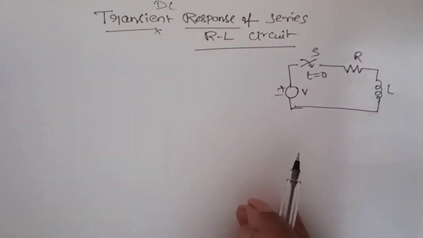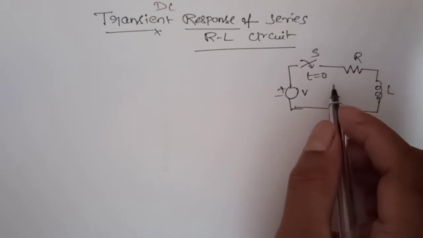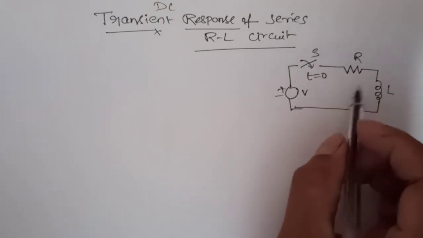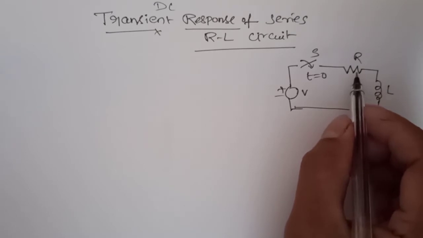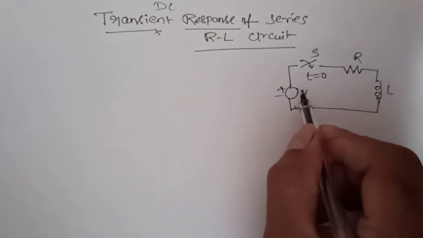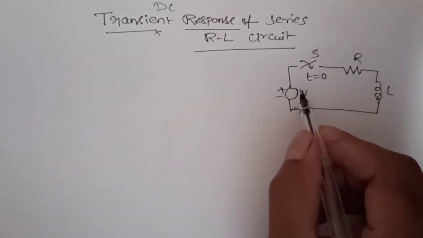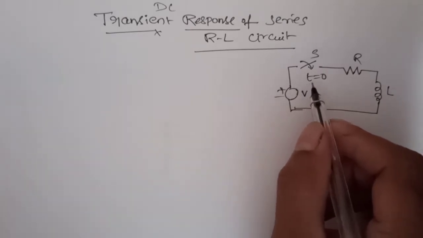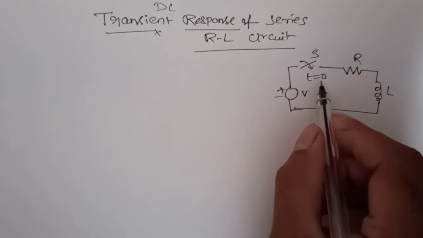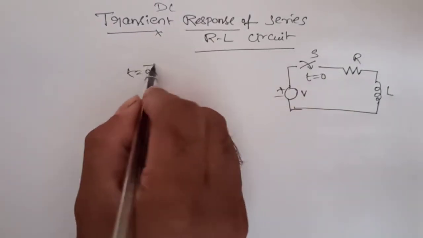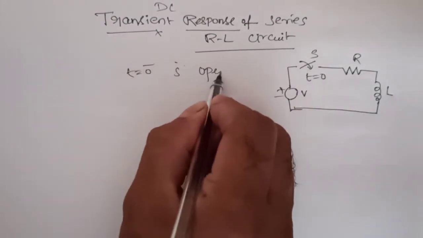DC excitations. Now when switch S is closed at t equal to 0, we can say that a transition takes place, meaning before switch S is closed, at t equal to 0 minus, switch S is open.